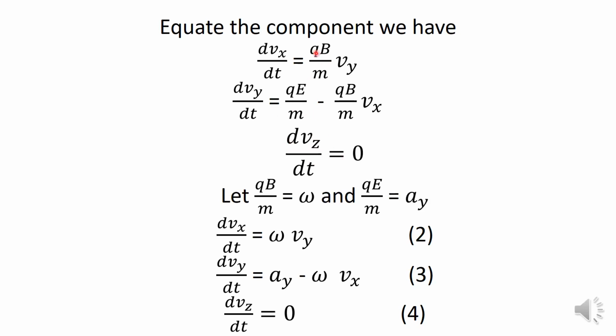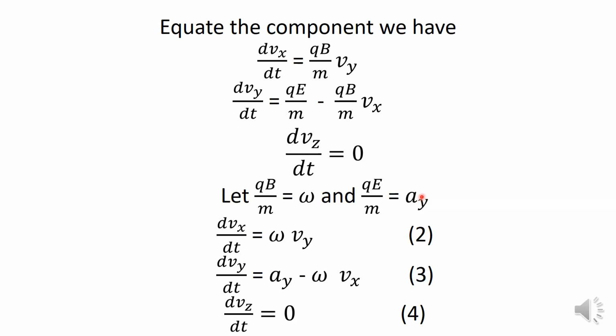Now, suppose we consider qB/m is equal to omega and qE/m is equal to a_y. This notation is used because qE is the electric force, that is force by mass is equal to acceleration a, and this force acts along the y-axis, therefore we write suffix y.